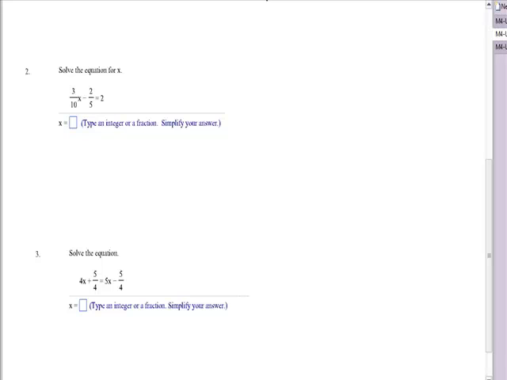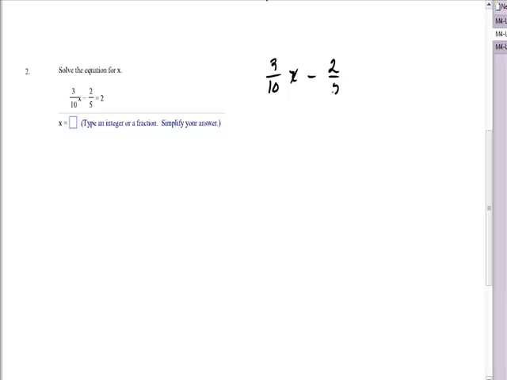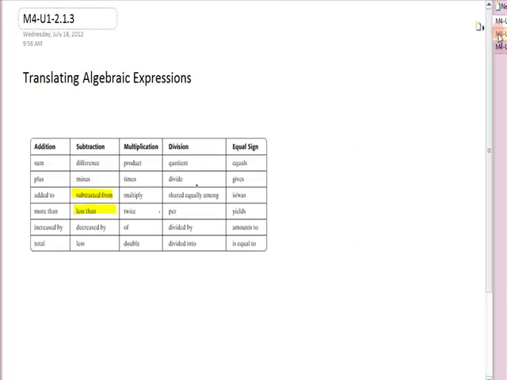Let's look at the next one. I have 3/10 x minus 2 over 5 is equal to 2. Now, there's a denominator of 10 and a denominator of 5 in this equation.